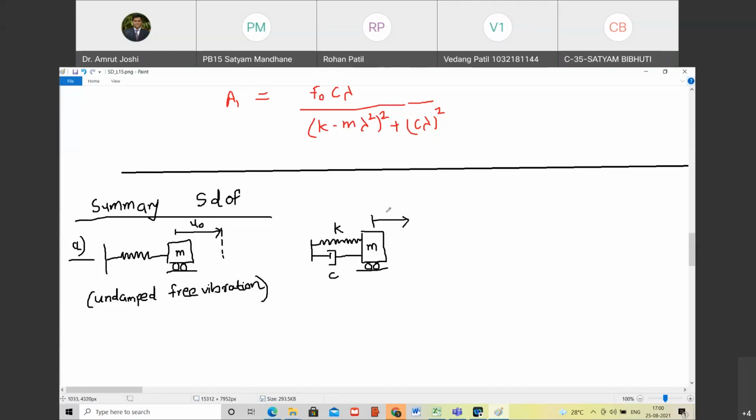You pluck this system by amount u0 and you just leave it. This analysis, we called damped free vibration.